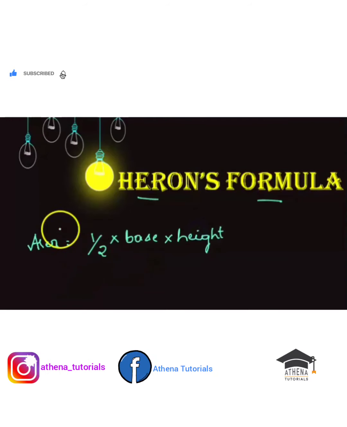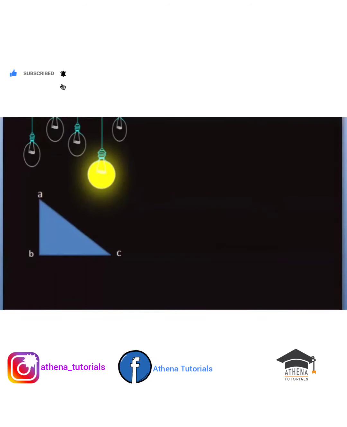Let's consider a right angle triangle. As we know, the area formula is equal to half into base into height.